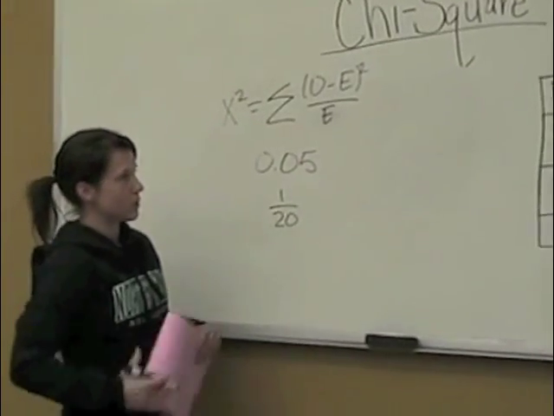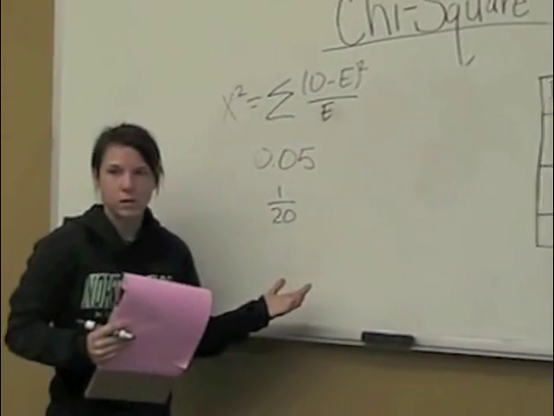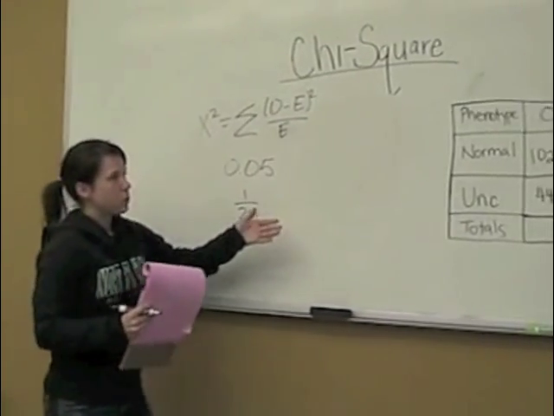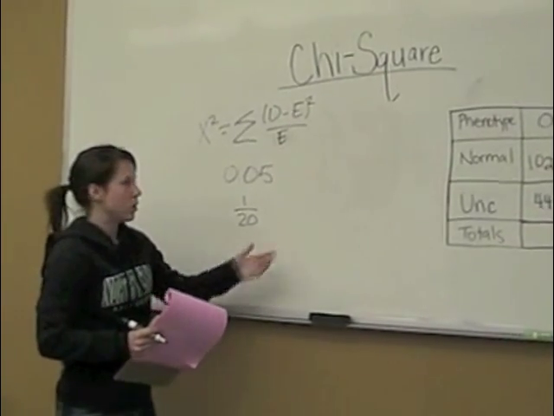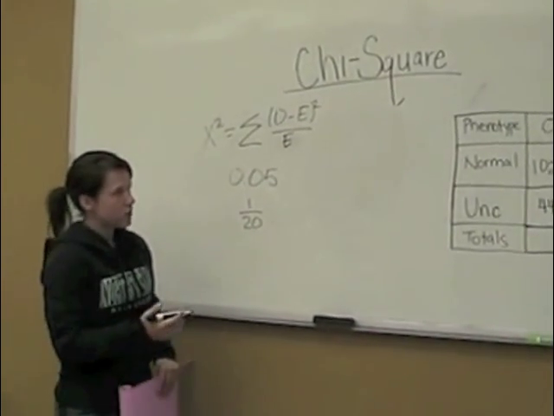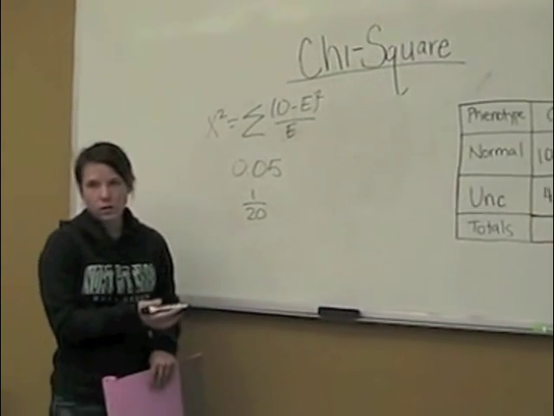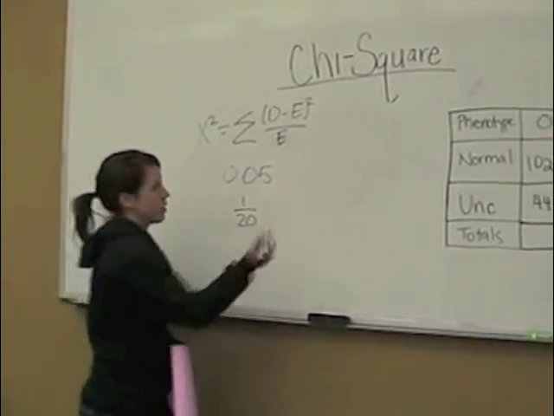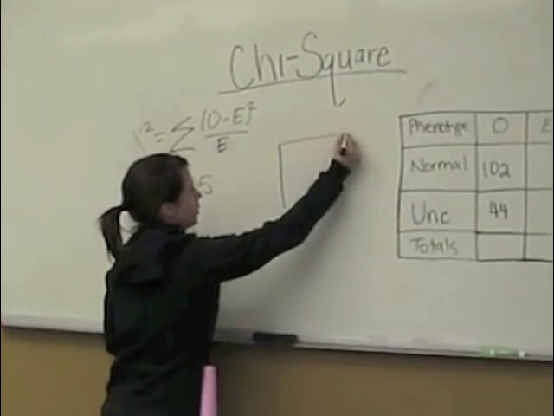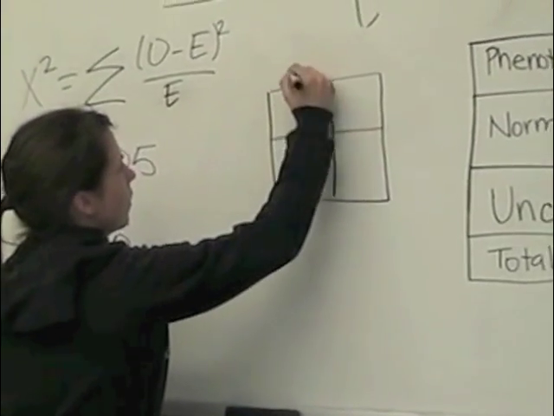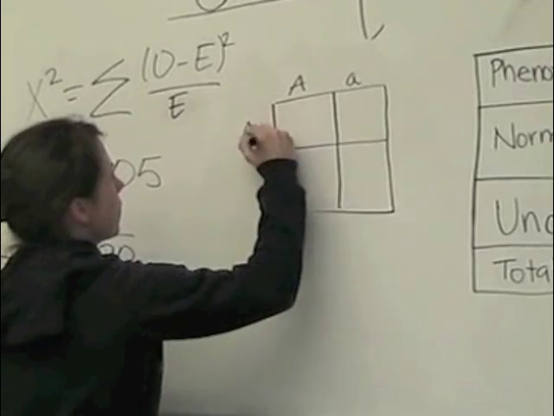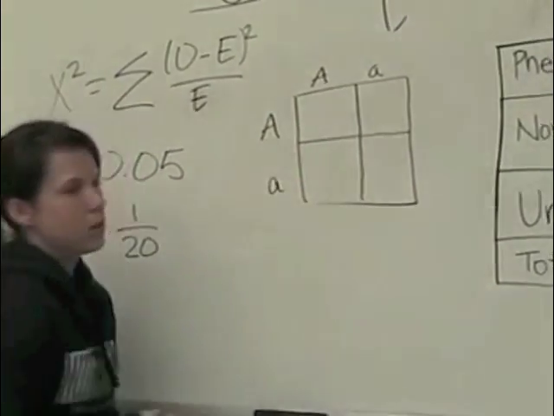Now when we do an experiment, like in today's experiment of C. elegans, we have our normal worms and we have our uncoordinated worms, which we call UNC. Now to determine what the expected values are going to be, we use the Punnett square of two heterozygous N2 worms.